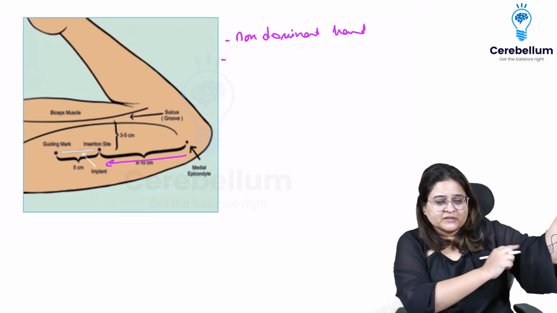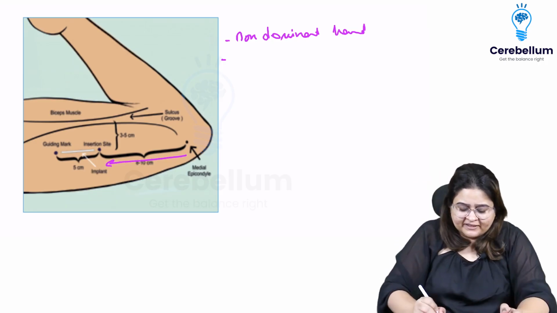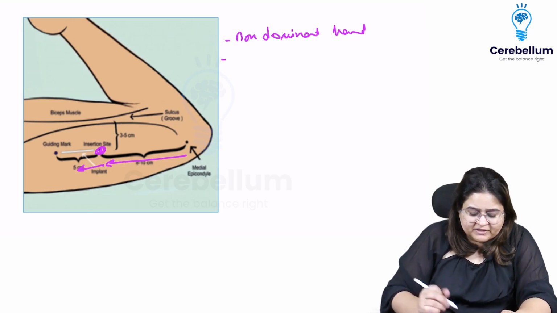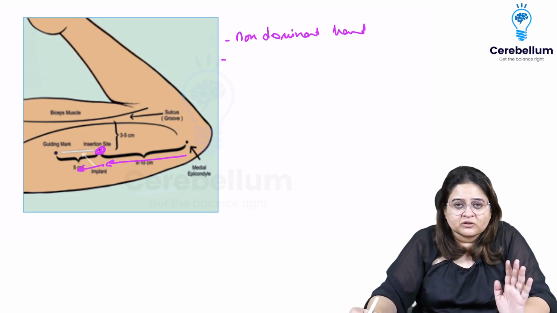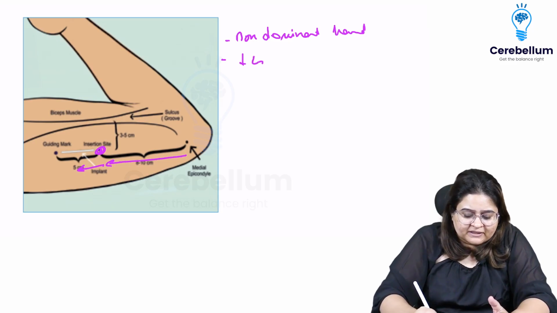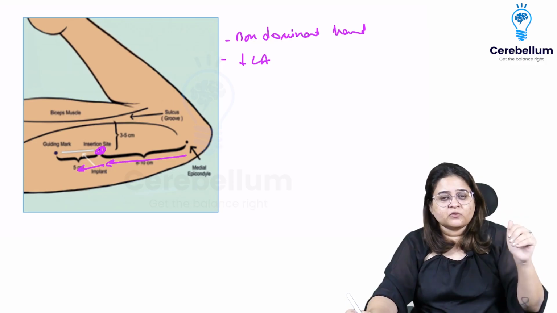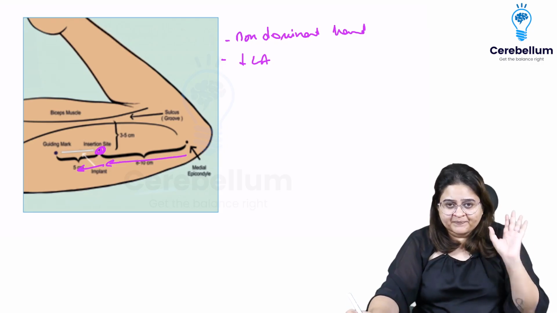So the groove between the biceps and the triceps, 3 to 5 centimeters below that, and 8 centimeters upwards of the medial epicondyle. At this point is where you put the applicator and you insert it after injecting local anesthesia. So in the non-dominant hand, under local anesthesia, 8 centimeters upward from the medial epicondyle, 3 to 5 centimeters below the groove between the biceps and the triceps is where this rod is inserted.